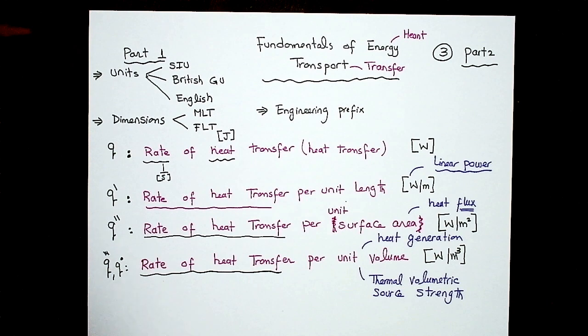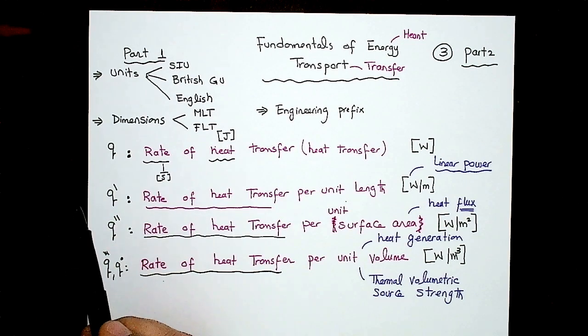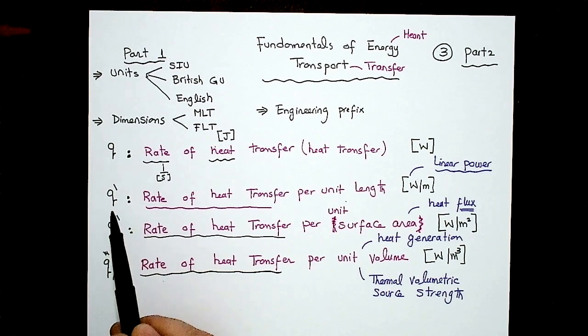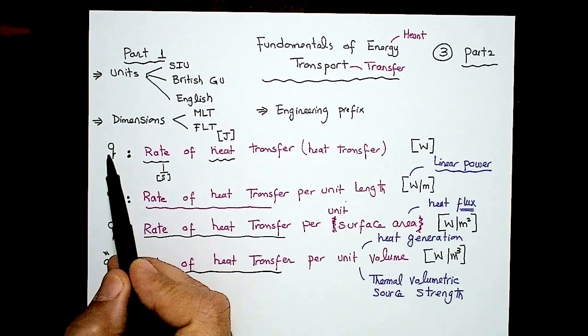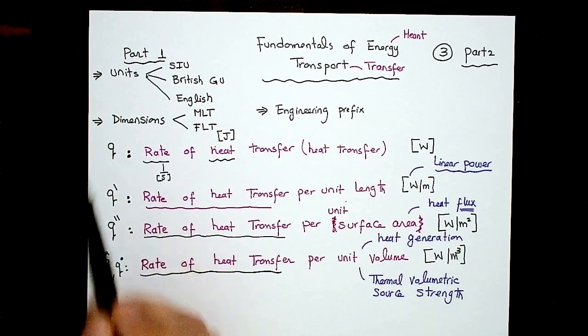We're going to look into Q, Q dash, Q double prime or Q double dash, and Q dot or Q triple dash. And you can tell they are related, right? If you know the total thermal energy coming out of a nuclear fuel rod, then you divide that by the length, you can get Q dash. If you divide that Q by the surface area, you're going to get Q double dash. If you divide that Q by the volume, you can get Q dot or Q triple dash.